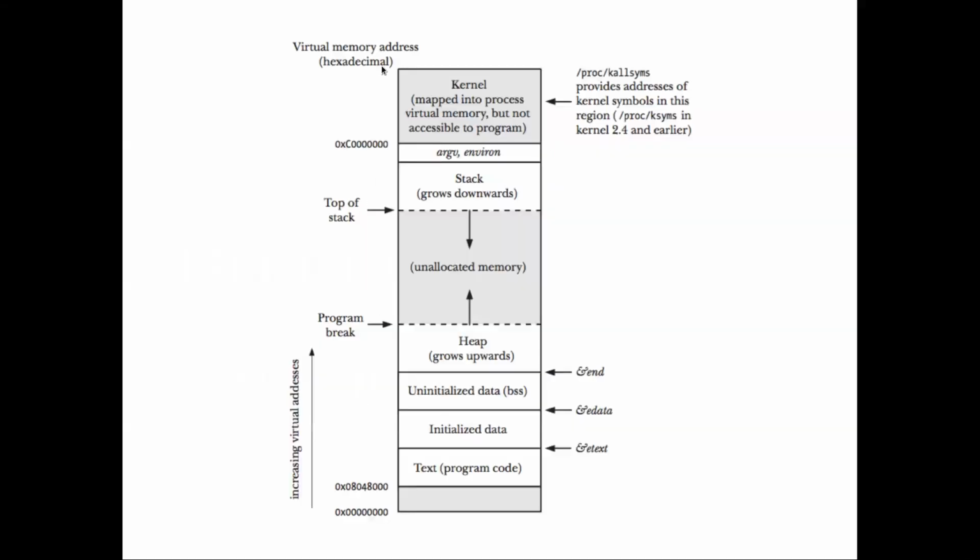This is what most modern systems generally adopt in terms of memory management for programs and processes. What we see here is kernel memory, and we have a stack, heap, uninitialized data, initialized data, and text. The most important things for this project are the heap and the stack. The heap grows upwards and the stack grows downwards, and they all grow towards each other in this one unallocated memory area.